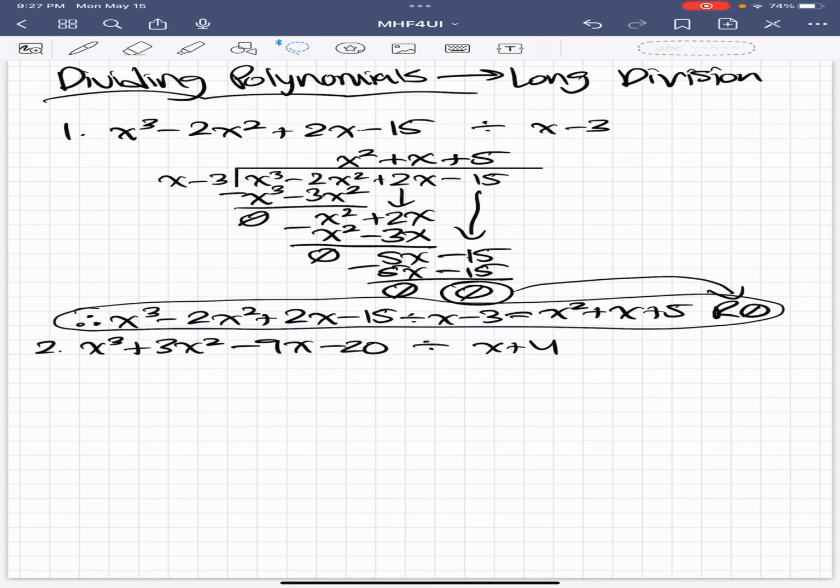It's just what we divided up there with the long division, and it's a statement saying x to the power of 3 minus 2x squared plus 2x minus 15 divided by x minus 3 is equal to x to the power of 2 plus x plus 5 with the remainder of 0.